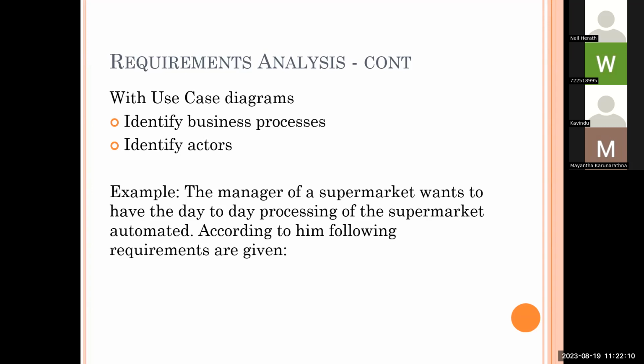The cashier, the buyer, the manager, all these should be drawn in the UML diagram. So what I would like you to do is draw the use case diagram for this small scenario and upload it to the LMS. I will open a Dropbox and then I'll give you some feedback on what you have drawn.